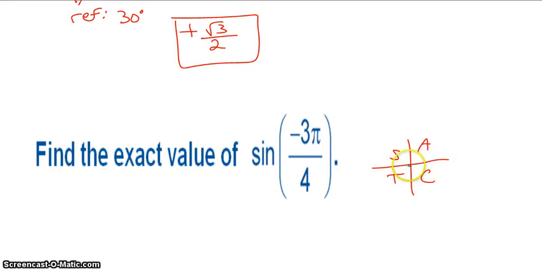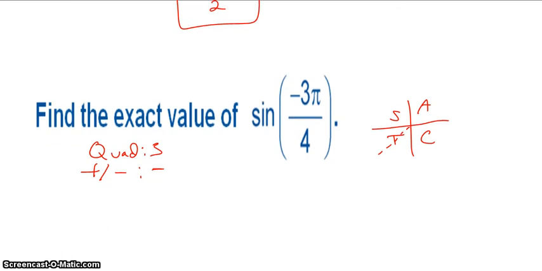So if I graph this, it is going to be in my third quadrant. My coterminal angle is 5 pi over 4. So I'm in quadrant 3. In terms of whether I'm positive or negative there, sine is negative since only tangents are positive.